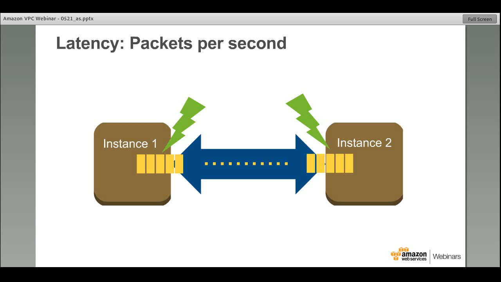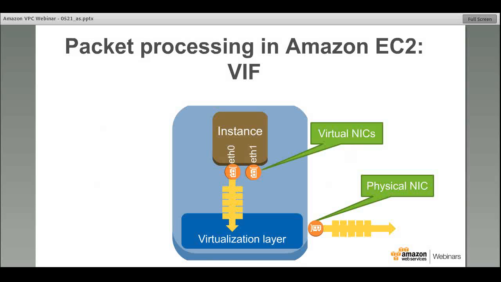For example, applications that do web services calls or applications that access a database to do a query response will commonly be following this pattern of a high rate of request response. And so it's important to understand what the packet rate onto the network is, and as the packet rate goes up, latency can increase.